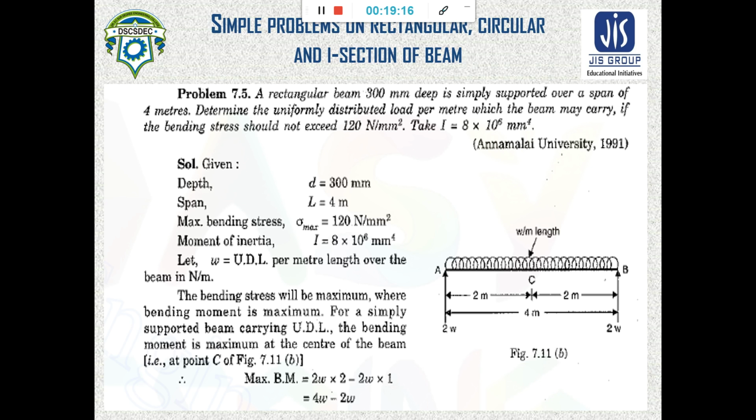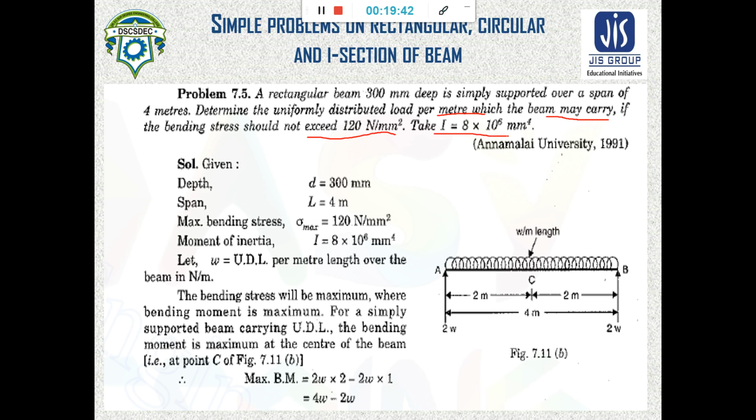Same as the previous problem, determine the uniformly distributed load per meter which the beam may carry if the bending stress should not exceed 120. Take I equal to 8 into 10 to the power 6 millimeter to the power 4.